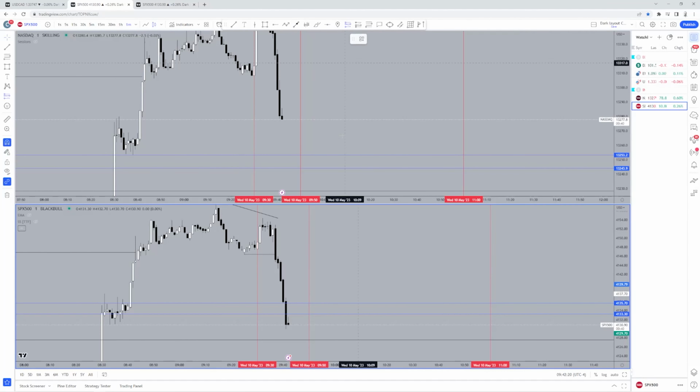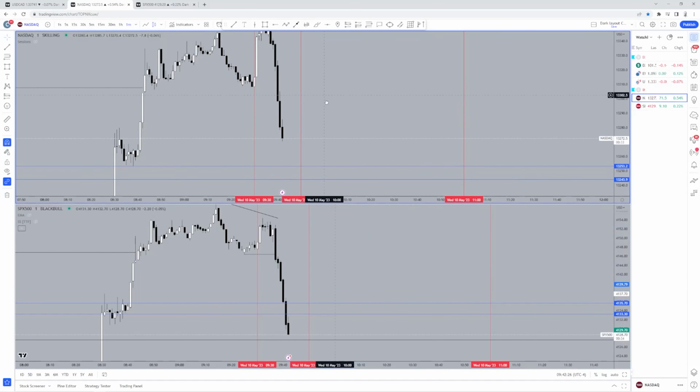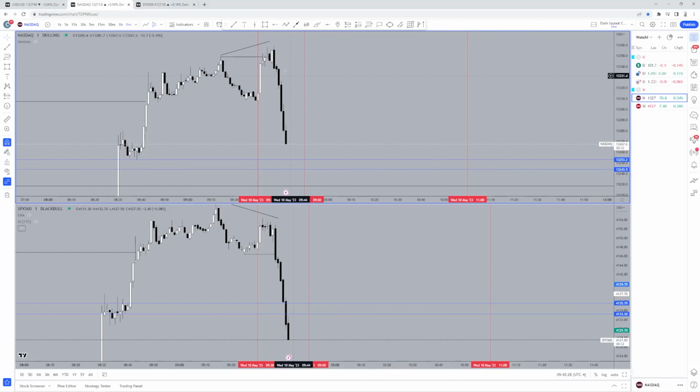In the past, I would have entered instantly right here with a market execution. It's not the most optimal thing to do though, but in occasions like this one, it is kind of optimal.